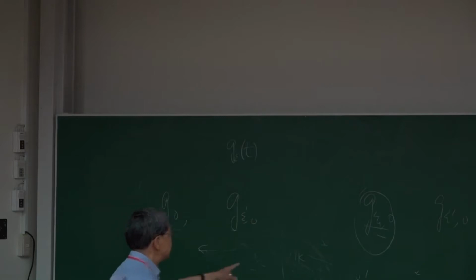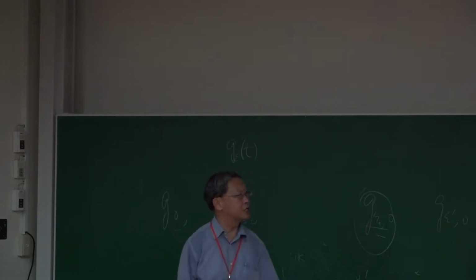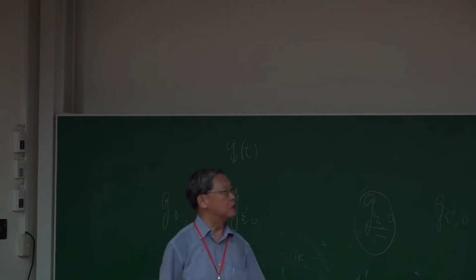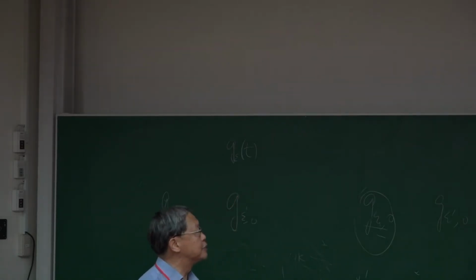However, this metric's scalar curvature may not be bounded from below. Therefore, what we get is only this one. So this one times that one is non-increasing in this region, where delta is less than 1.